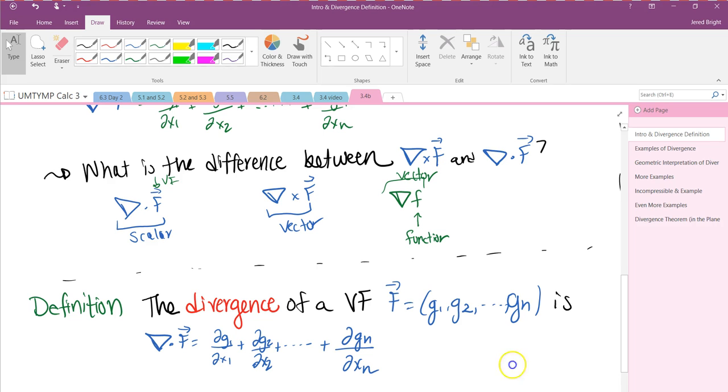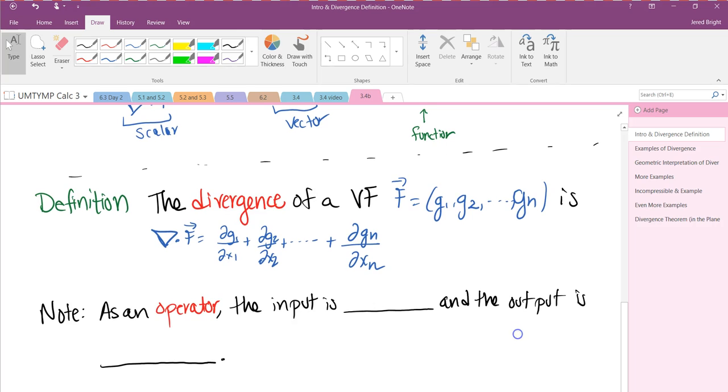Okay, and so when we think about this as an operator, what we have to start with is a vector field. So our input is going to be a vector field. And I spelled that incorrectly.